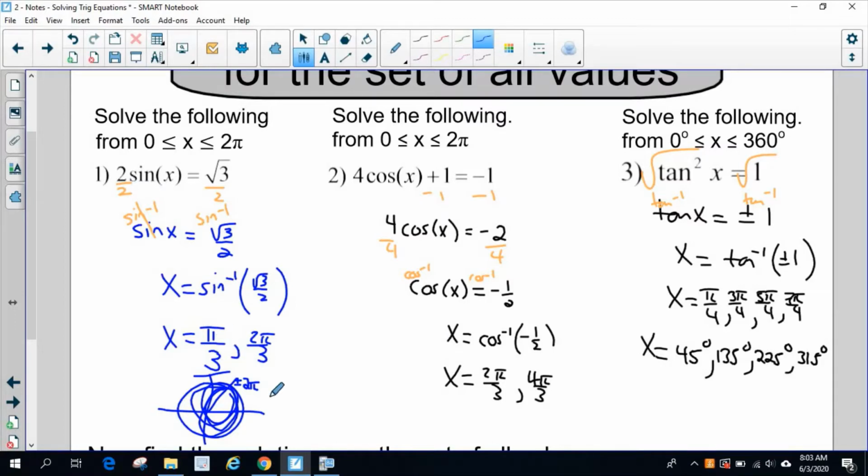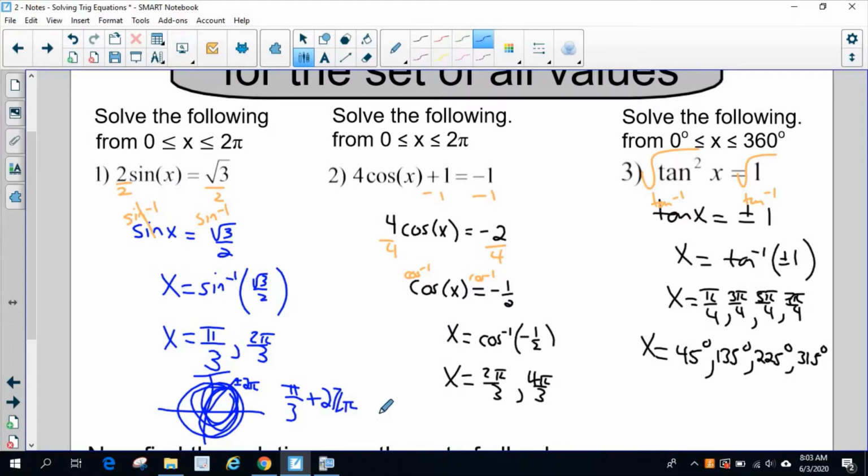And that would only give us 3 answers, but there's actually an infinite amount of answers. And so the best way to describe that would be to simply put a z in here, meaning integers, meaning you would take pi over 3, and then you would add 2 z pi, meaning 2 times any integer and pi.